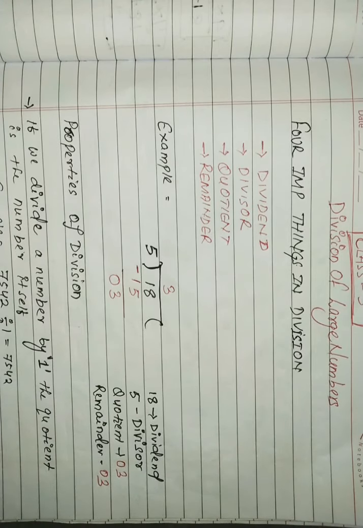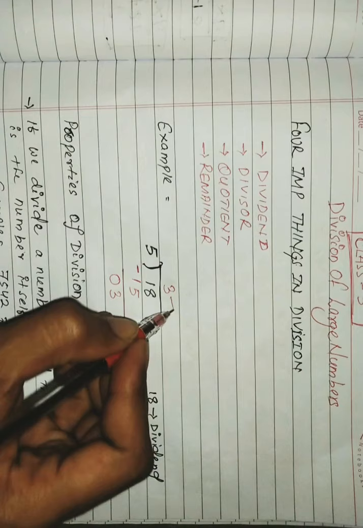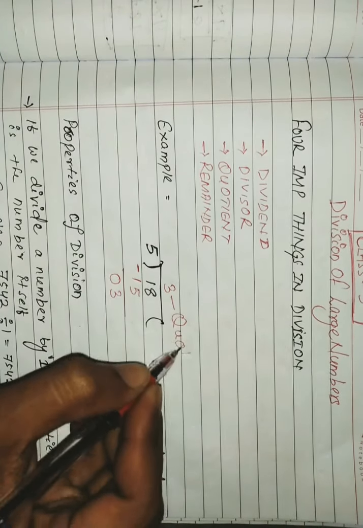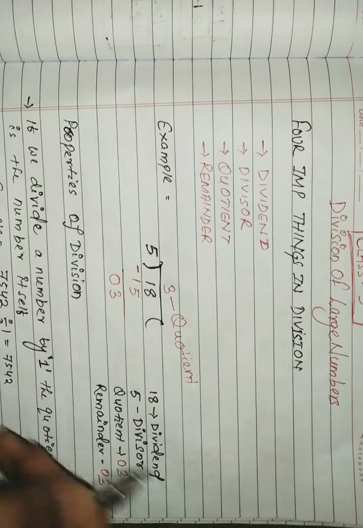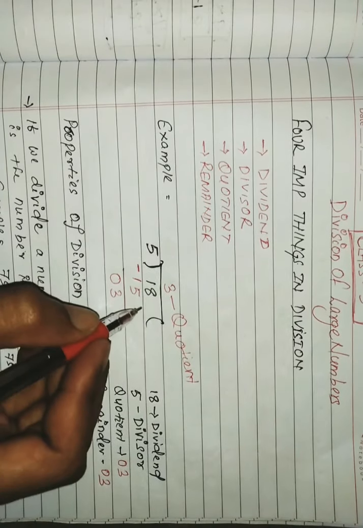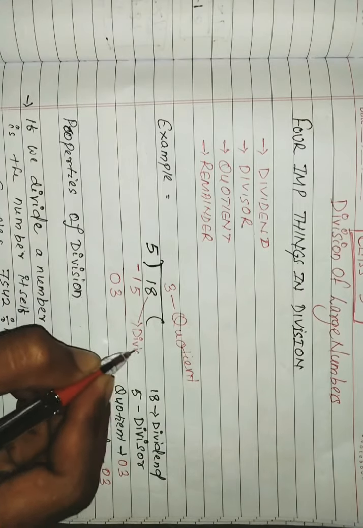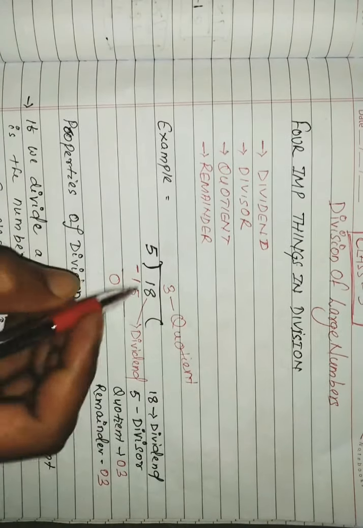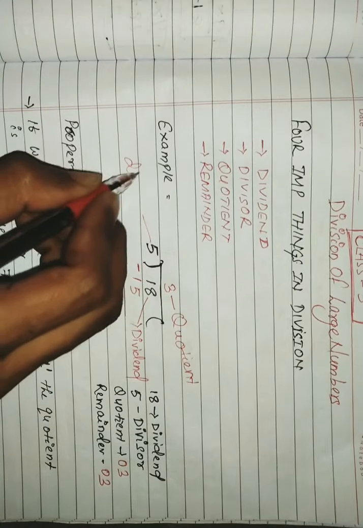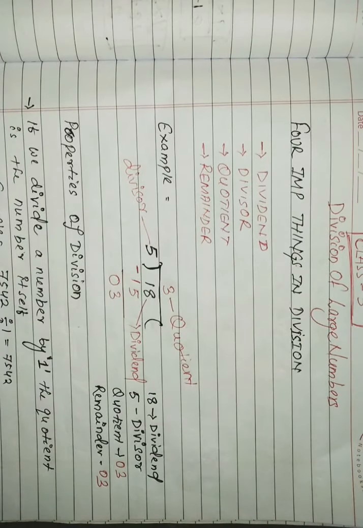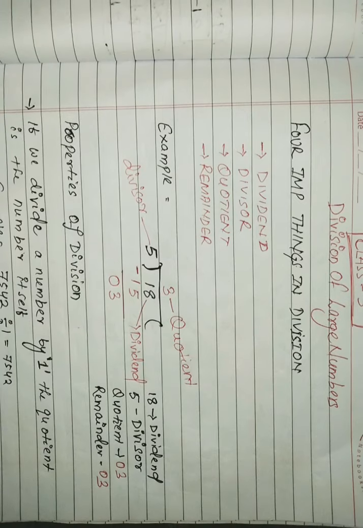So remember, students, this is the quotient, this is the dividend, and this is the divisor.